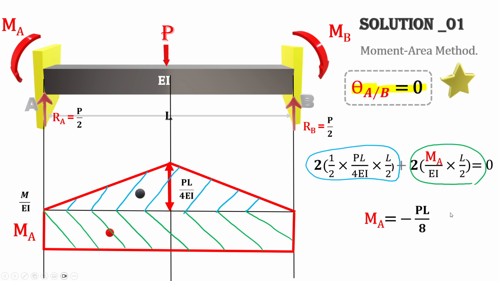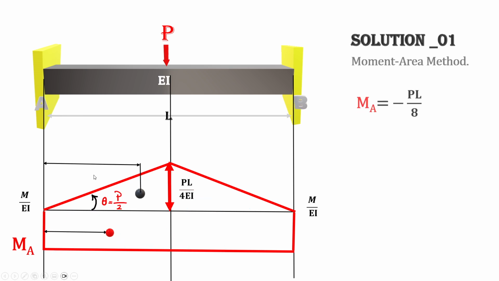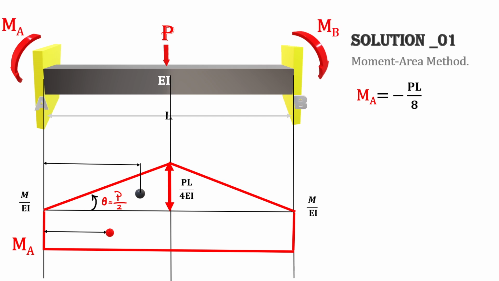If that's equal to 0, it says MA is equal to negative PL over 8, and the negative says it's a downward moment. So MA is PL over 8, and that's identical to MB.